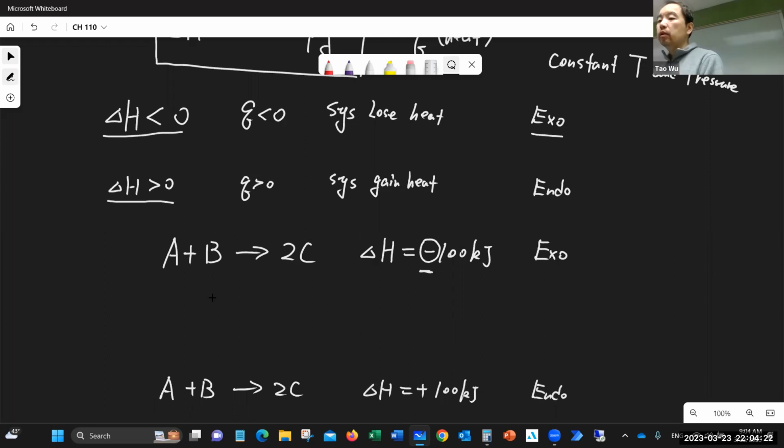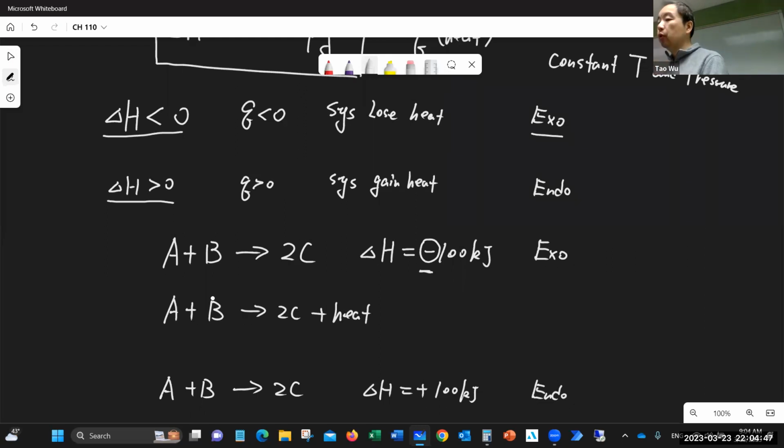Sometimes you may also see people write it like this: A plus B equal to 2C plus heat. That means after this equation, you can think about the heat. If it's an exothermic reaction, they're producing heat, right? You can think of the heat as part of the product.